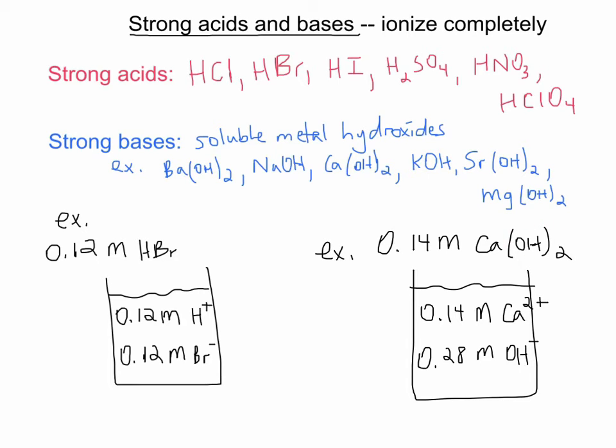So there's double the concentration of OH- ions, hence the 0.28 molar OH-. These ideas, strong acids and bases ionizing in water and their concentrations, are going to be important for calculating the pH and the pOH, which we will do on the next slide.